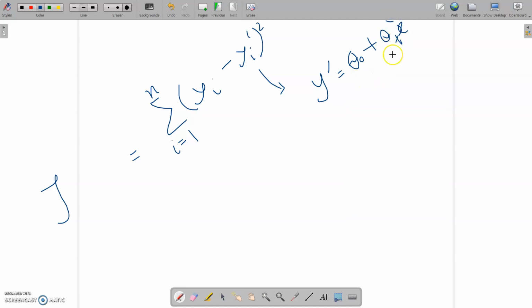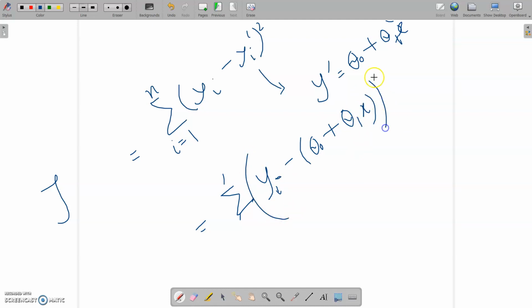So this was the equation of your straight line. So you can also write it this way: summation of (yi minus (theta 0 plus theta 1 xi)), this whole portion, then square. You have to put an i here. So this is i equals 1 to n.